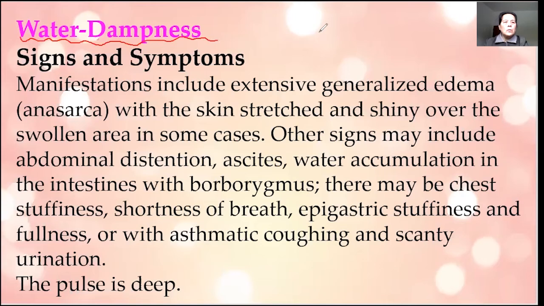These patterns can still originally be caused by spleen deficiency, but it's more severe compared with spleen deficiency caused water. It's more water retention inside. So we're talking about edema all over the body, and the skin is pretty tender. We can see pretty severe swelling all over the body.